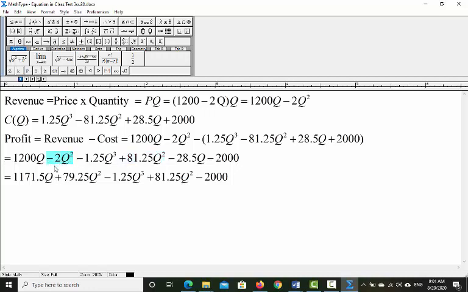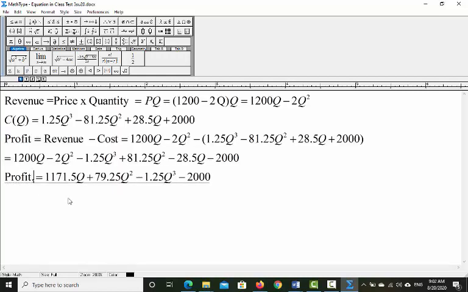From 81.25 we deduct 2, so we have 79.25Q square. So this will no longer be there, we have already dealt with it. The remaining thing is as it is, right? So this is the profit function.